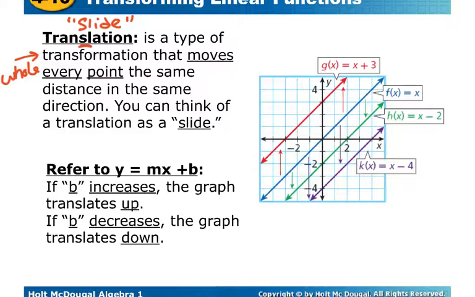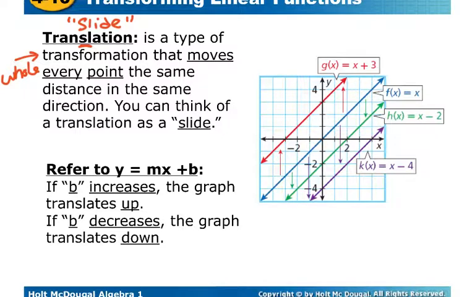Transformations are all three of those types, versus translation is just one of the types. Translation moves every point the same distance in the same direction, and you can think of this as a slide. So we're sliding the function up or down, or left or right.